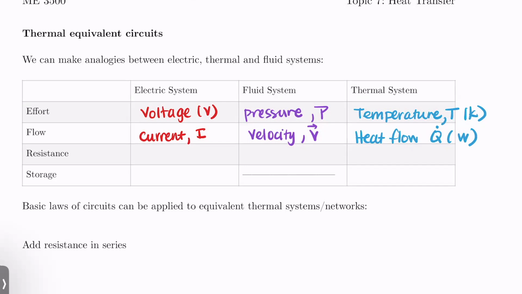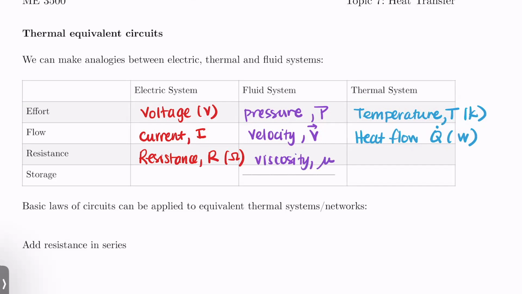Resistance in an electric system is resistance. So this has a variable R, units are ohms. Resistance in a fluid flow is viscosity. So this is mu.